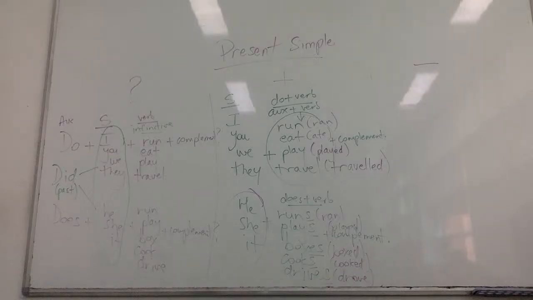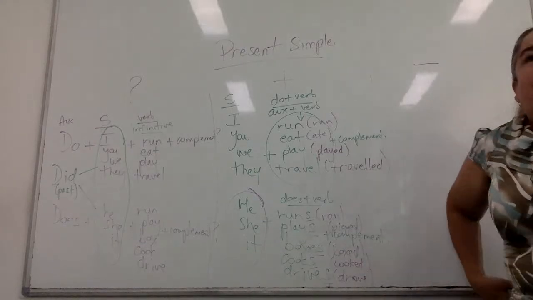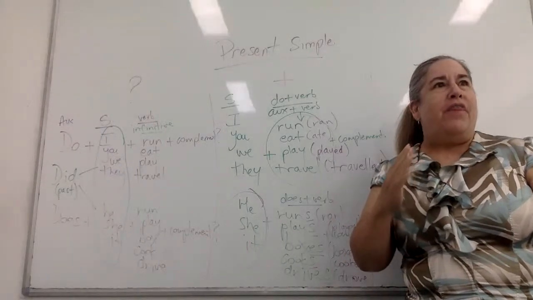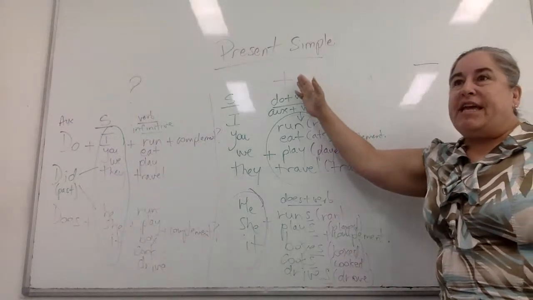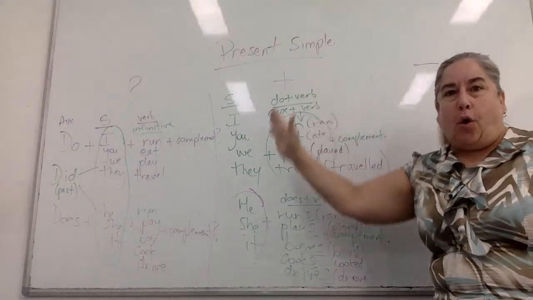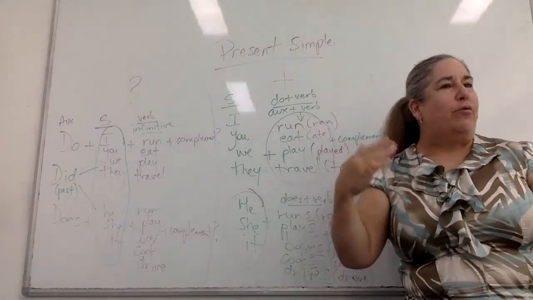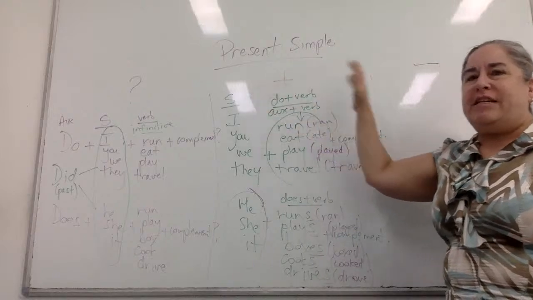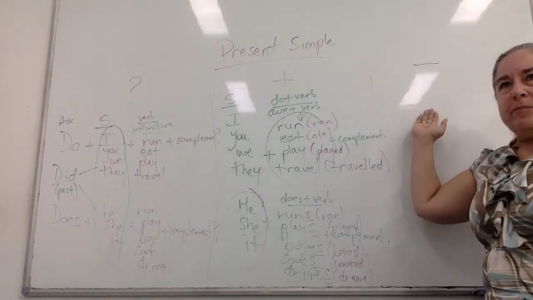Okay, good. Yes, copied. Okay, let's go with the negative now. With the affirmative and the negative, we know that the structure, the order, because we've seen this and I repeat it again and again, that the affirmative is the same as the negative. Yes?